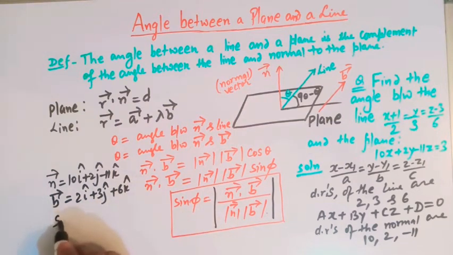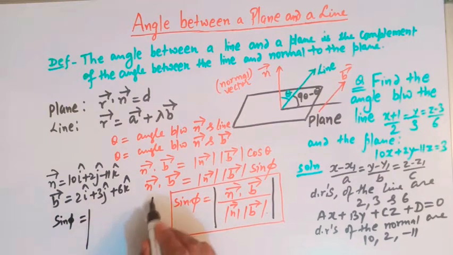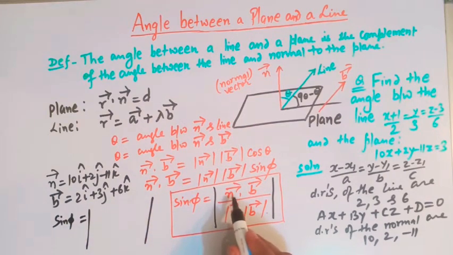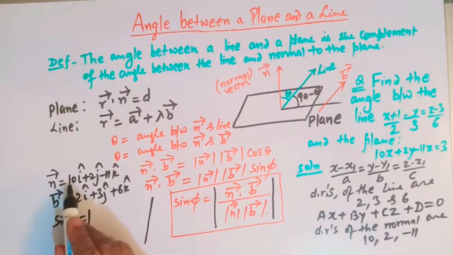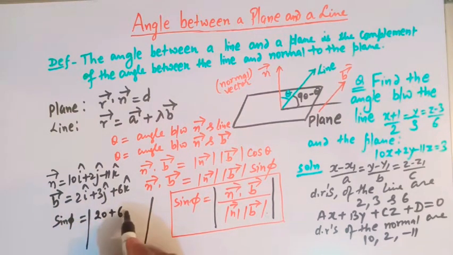Now sine phi is equal to the dot product of vector n and vector b. So this is 10 twos are 20, plus 2 threes are 6, and minus 11 times 6 is minus 66, divided by the magnitude of vector n.